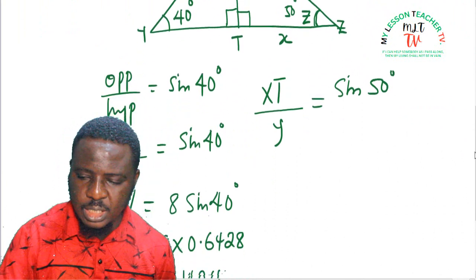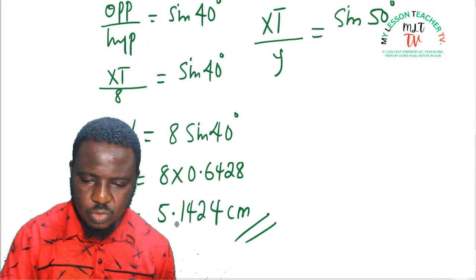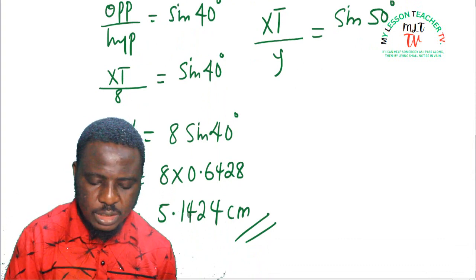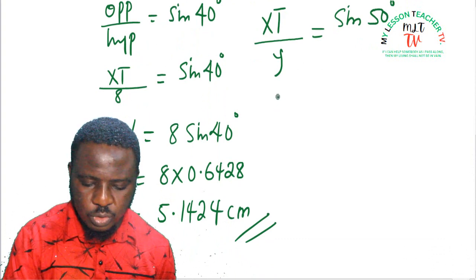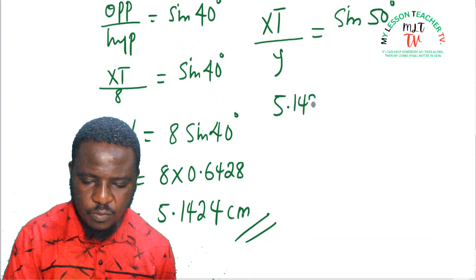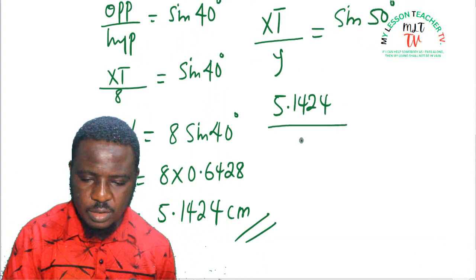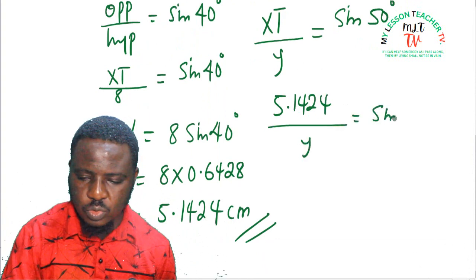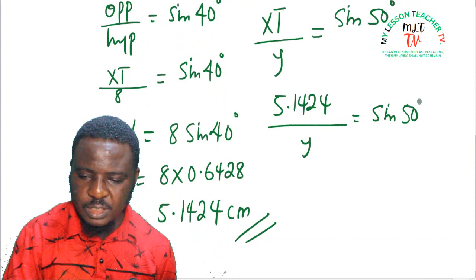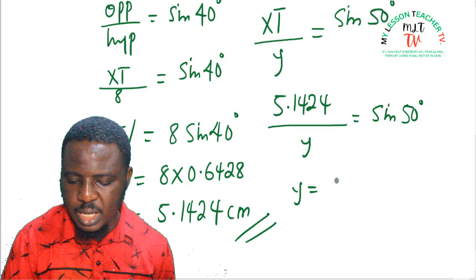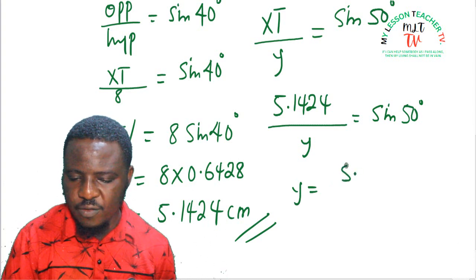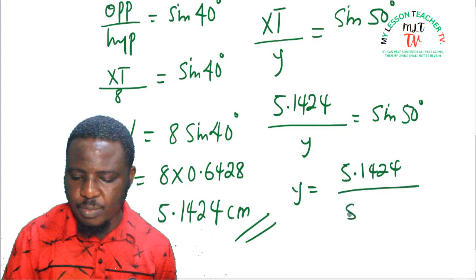We have already gotten our XT to be 5.1424, so I will substitute this: 5.1424 divided by Y is equal to sine 50 degrees, and when you cross multiply, you have it that Y is equal to 5.1424 divided by sine 50 degrees.